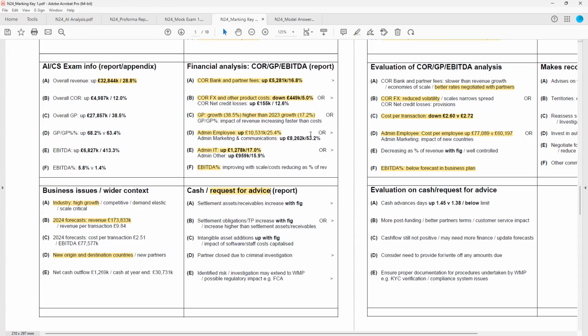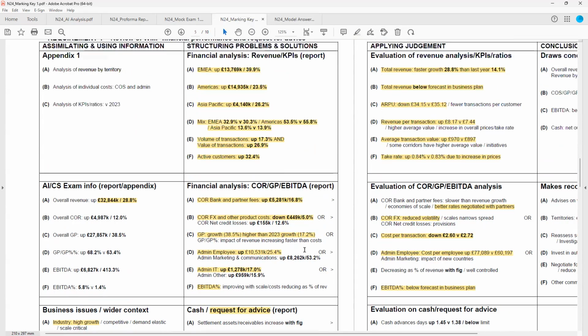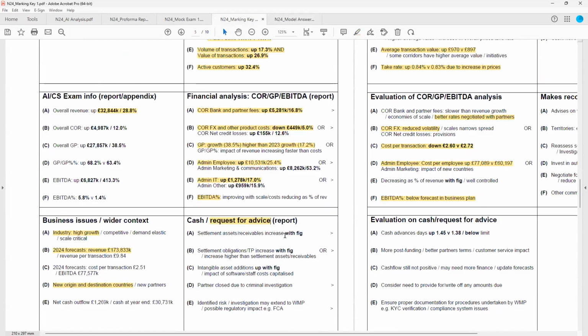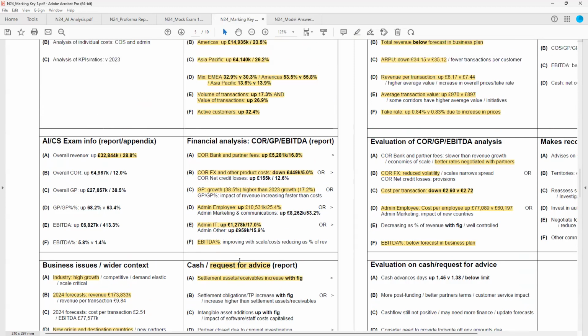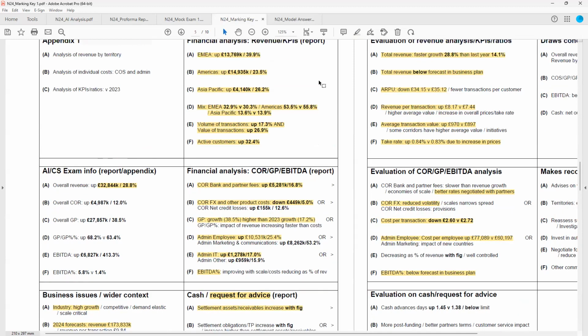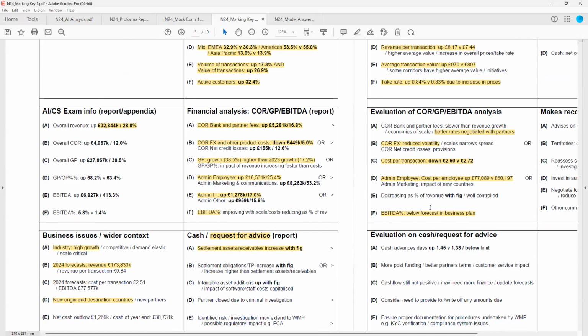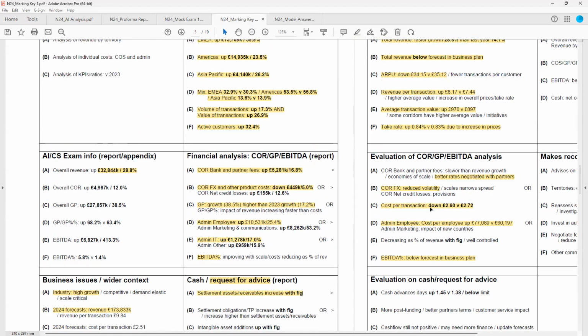As long as you answer everything, then you will score very well, as you can see, as I have done here. And even if you didn't get a few points on the request for advice, you still would have done well on this question if you've got a good, thorough analysis of the financial statements.